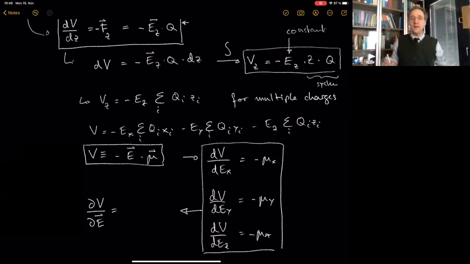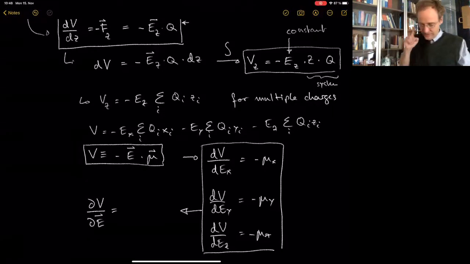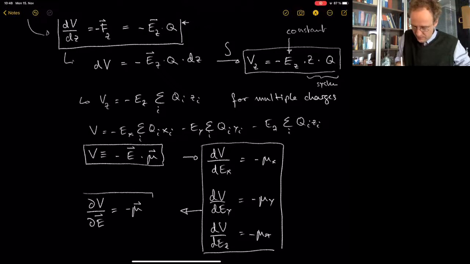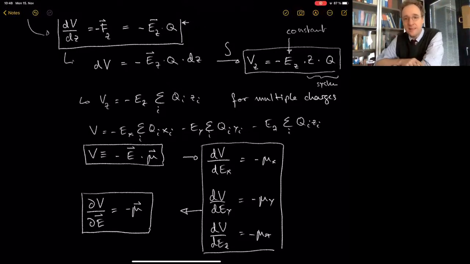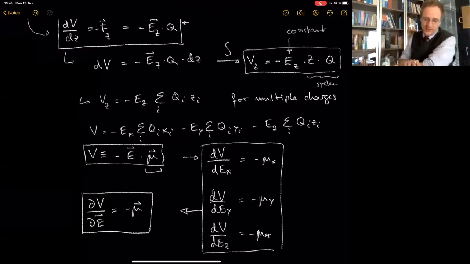Differentiating your electrical energy with respect to the electrical field gives you the dipole moment. Right. Or your dipole moment is the response of your energy to an electric field. Right. The first order response. So as you apply an electric field, the dipole moment is the slope of how your energy changes, the stronger your field.